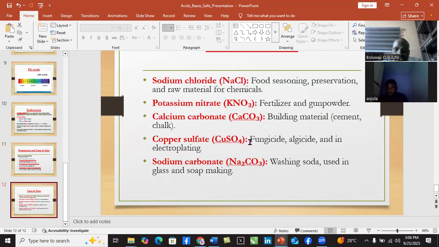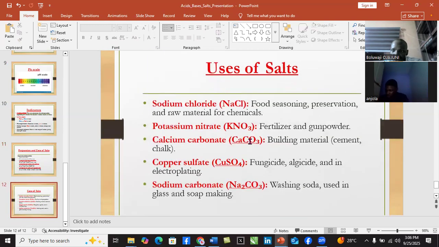Then these are the uses. We have different kinds of salt and their uses. Sodium chloride is for seasoning, preservation, and raw material for chemicals. Then we have potassium nitrate, which is fertilizer that we use on the farm, and gunpowder too. Then calcium carbonate, CaCO3, is a building material like cement, and chalk is an example of that too.